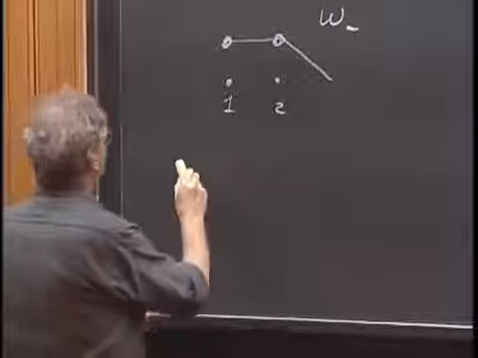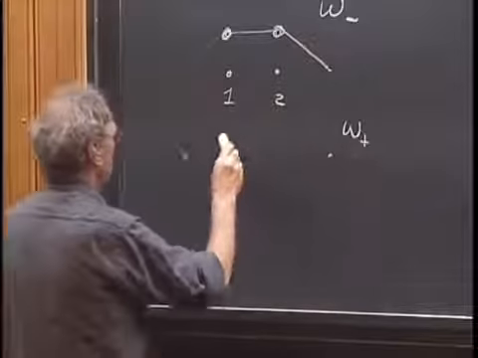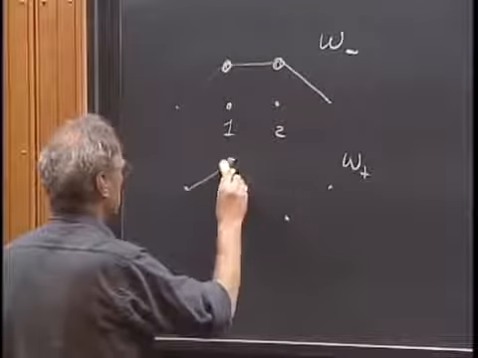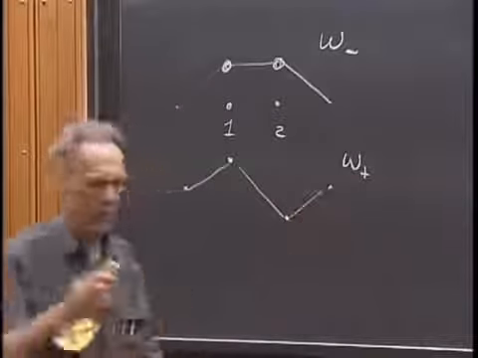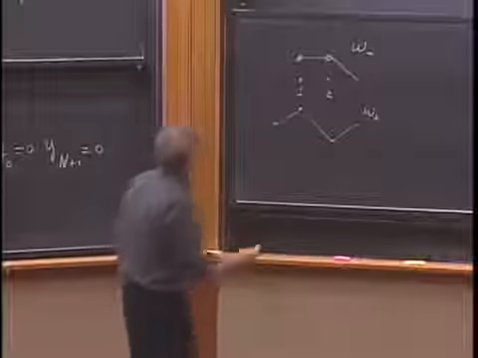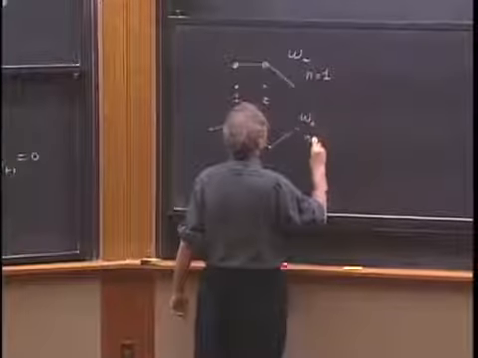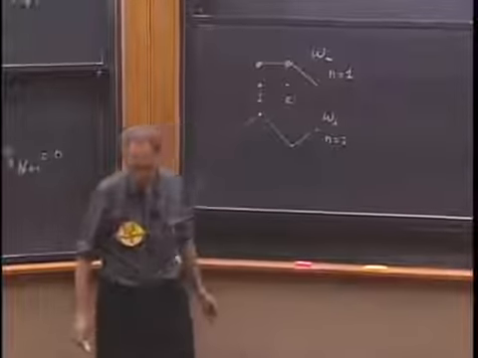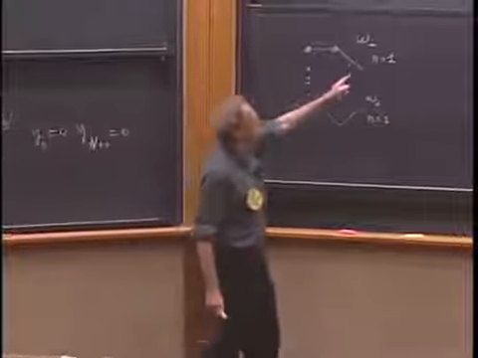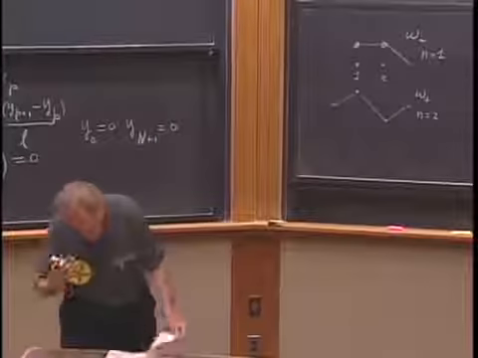But you can also imagine that in the second mode, which is the highest one, that number 1 is up, and then number 2 is down. So you get this situation, and so they oscillate like this. Just to make you see, I call this little n equals 1, and I call this little n equals 2, n referring to the mode. I will use this n later on. And there are only 2 modes because there are only 2 particles.